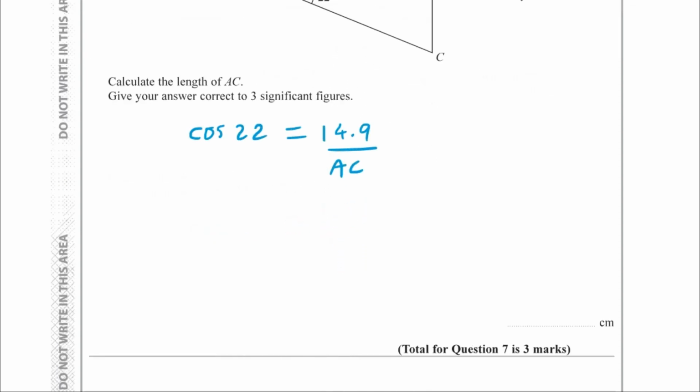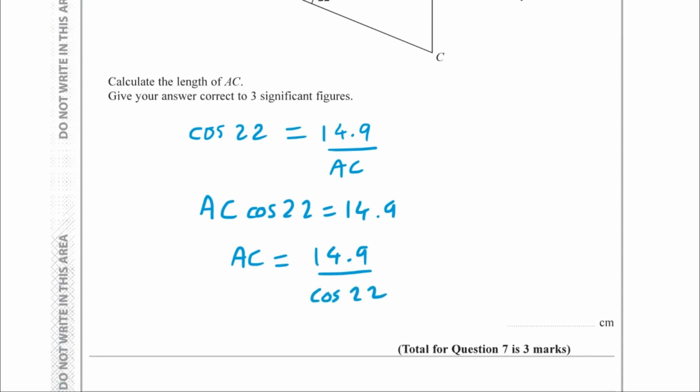Okay, so moving AC to the left here, we can say AC cosine 22 is equal to 14.9. And for our final step, we can say AC is equal to 14.9 divided by cosine 22.